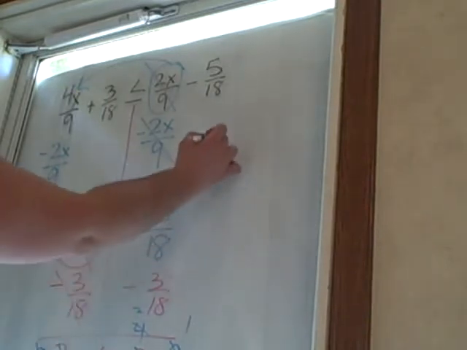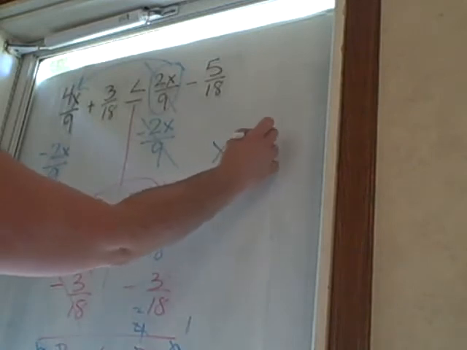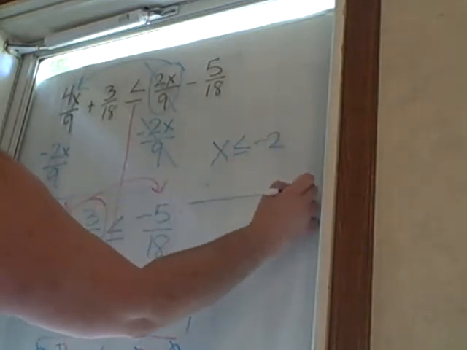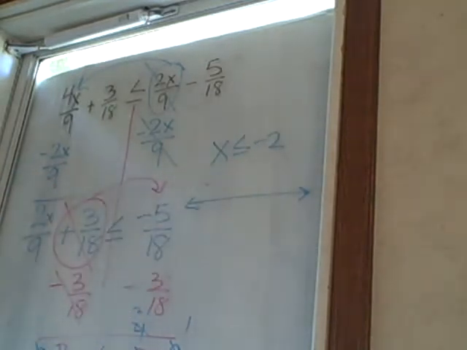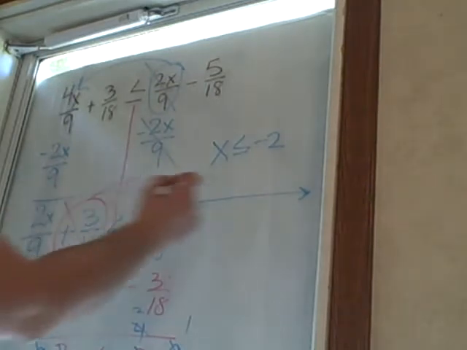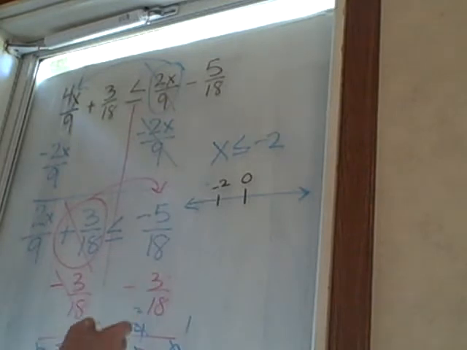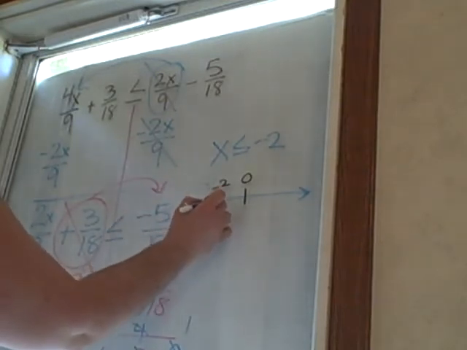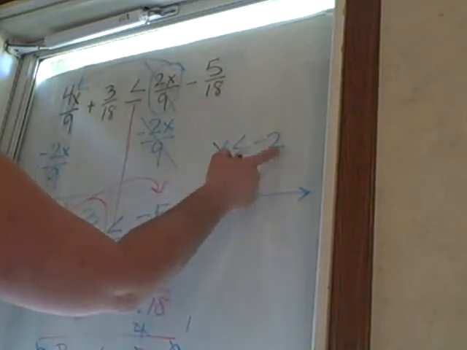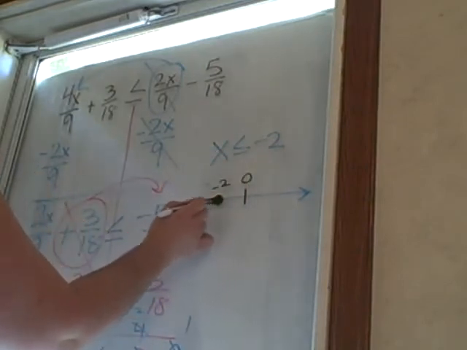How do I graph x is less than or equal to negative 2 on a number line? On my number line, I first find 0, and then I find negative 2. Approximately, I draw a closed circle. X is smaller than negative 2, which means x is going in this direction.